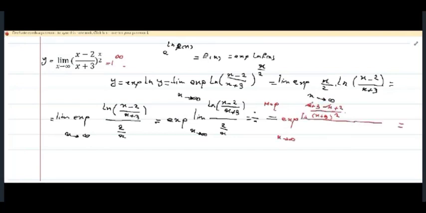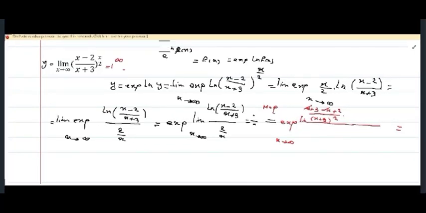The derivative of ln u is equal to u prime over u, so we will have this as u prime over u, which is x minus 2 over x plus 3, over the derivative of 2 over x, which is minus 2 over x^2.